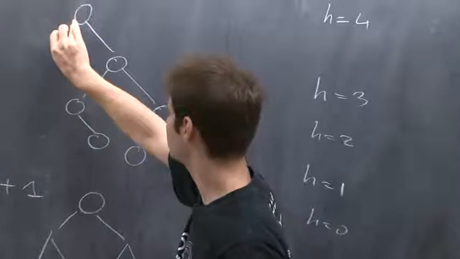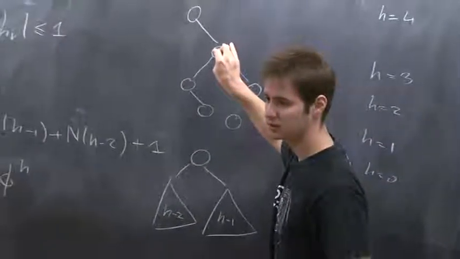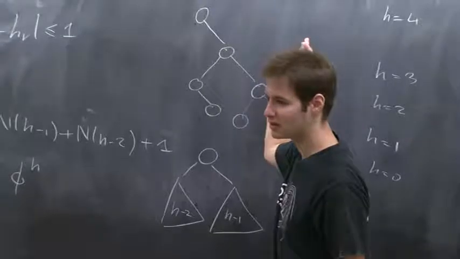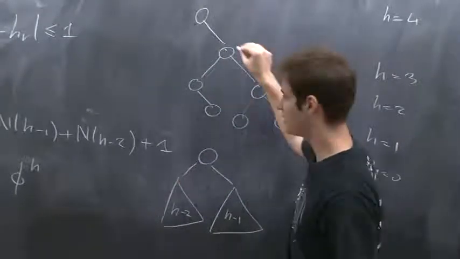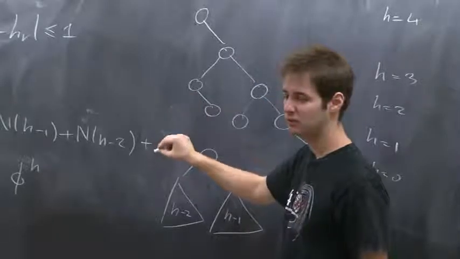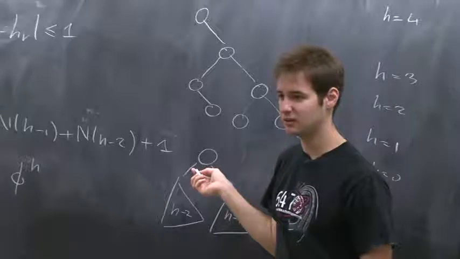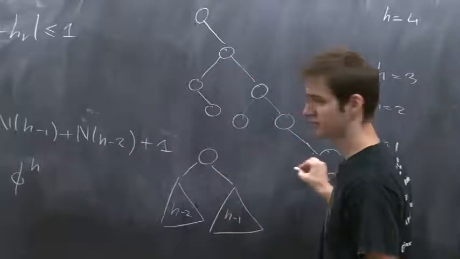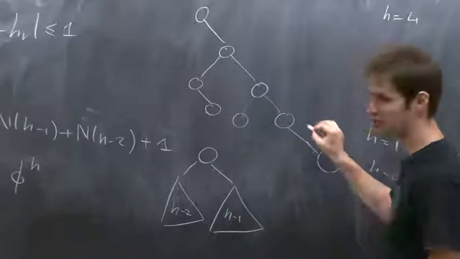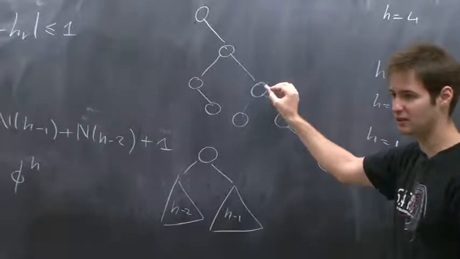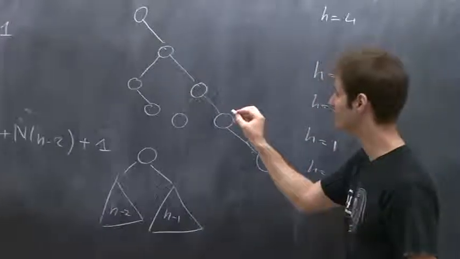If this node has to be at height 4, then it has to have a child at height 3. At least one child, otherwise it's not going to be height 4. Now, I need to build something here that has height 3. What should I build? The best AVL tree that I know that has height 3. I have to get to height 3 using as few nodes as possible. So I'm going to use this one because it has as few nodes as possible and it has height 3. So this covers my right side.